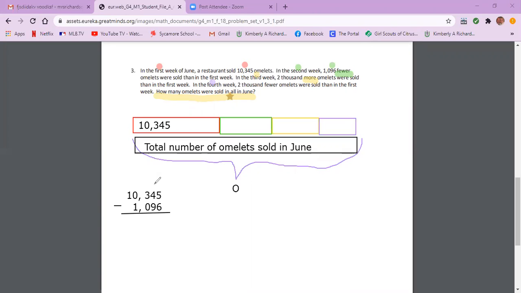So we're going to take a 10 from the tens column and put it over here. So instead of 5 ones, we're going to have 15 ones, because we have our 10 plus our 5. And then instead of having 4 tens, we will now have 3 tens.